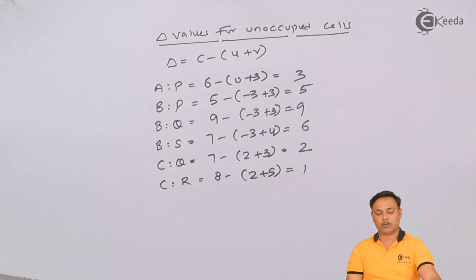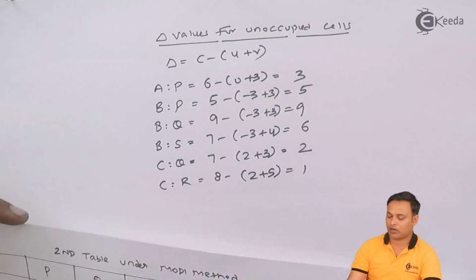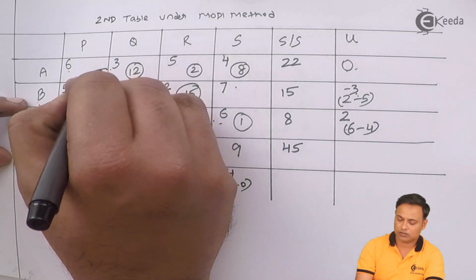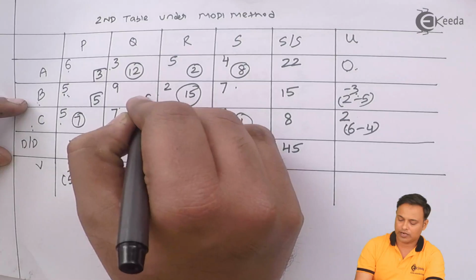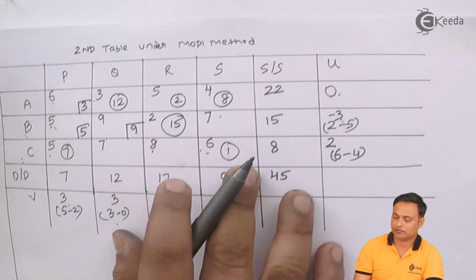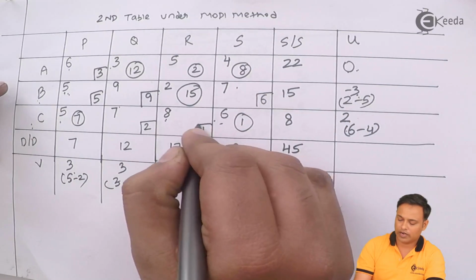So friends, we can see we have obtained the delta values. Let's note down these delta values in the original table. We have got 3, 5 and 9. Then we have got 6, 2 and 1.